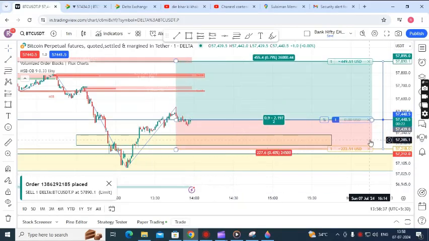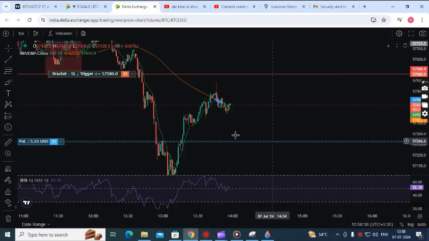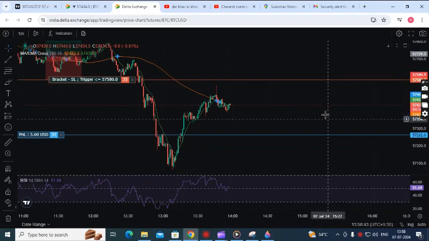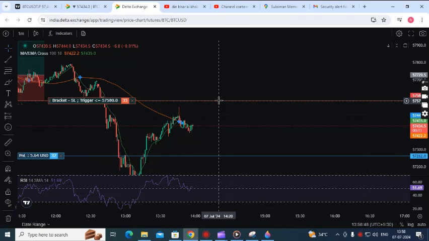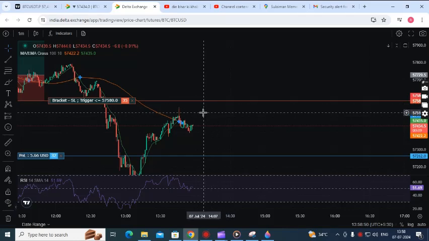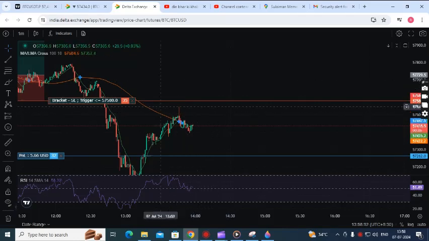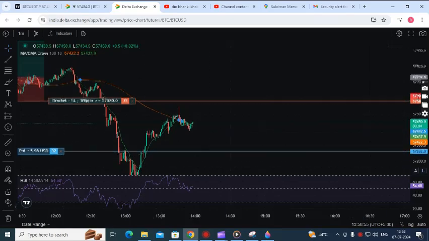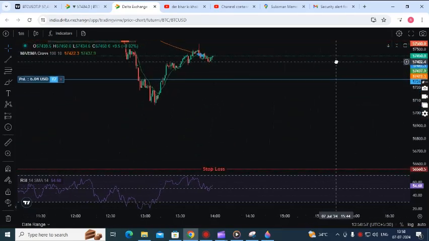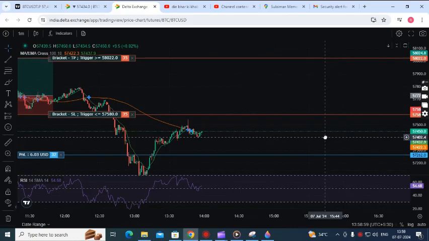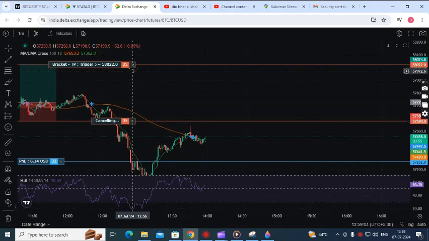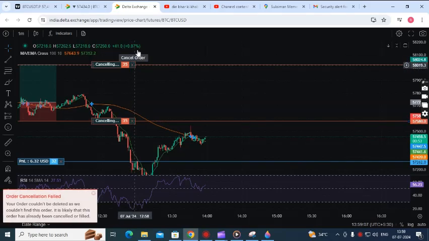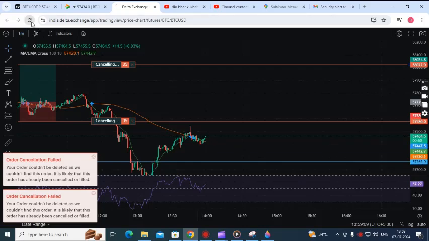So let's see, guys, how it moves. In my personal trade, it's around $6 of profit running. So here I have already put the stop loss here. But if it moves in my direction, I will just trail the stop loss. This is the old stop loss. This is not for this one. There is some problem in Delta Exchange.